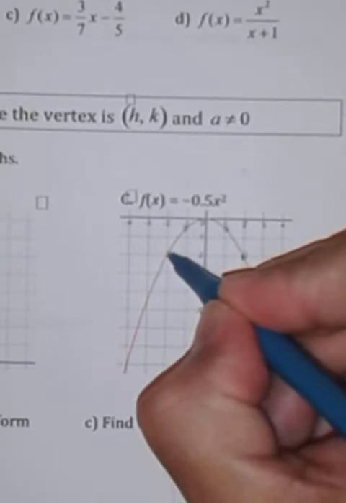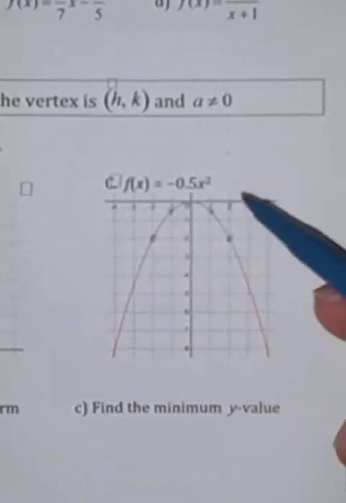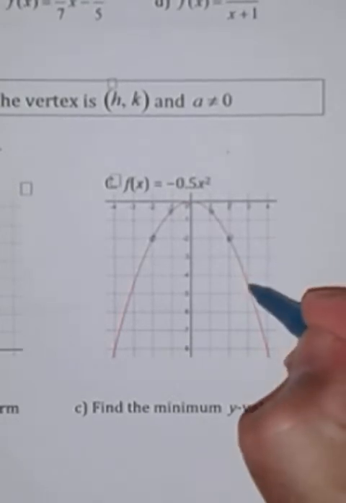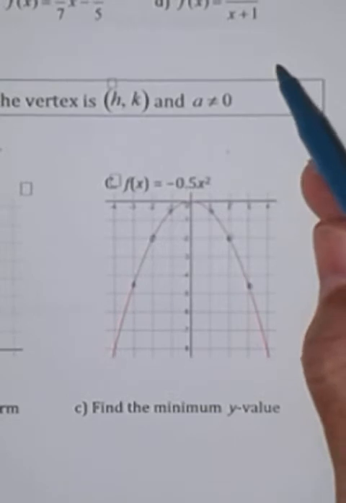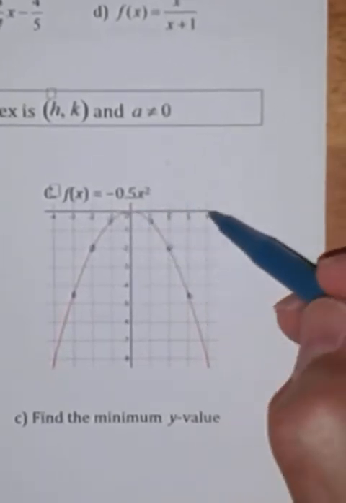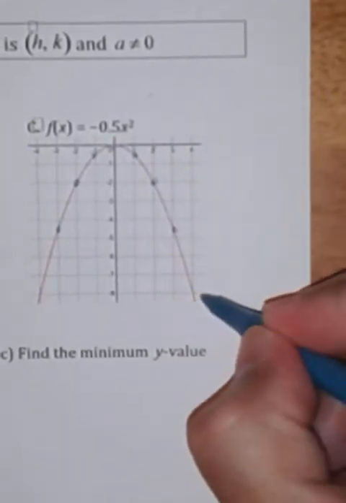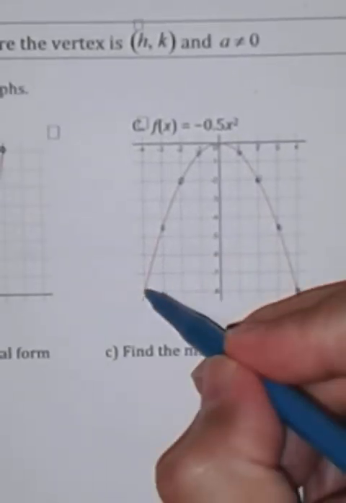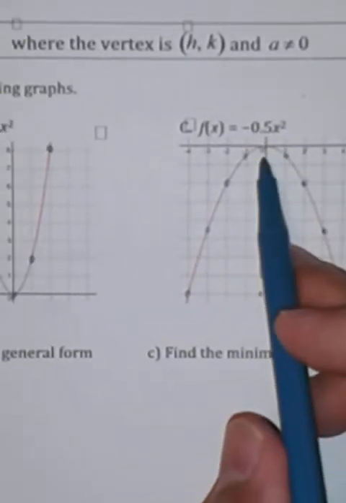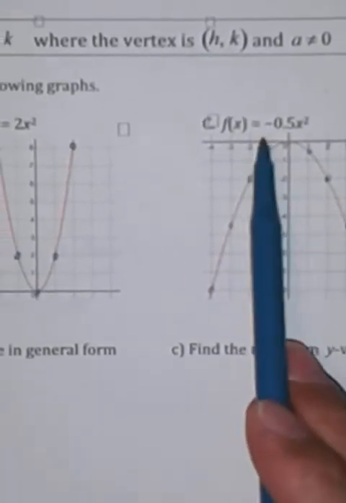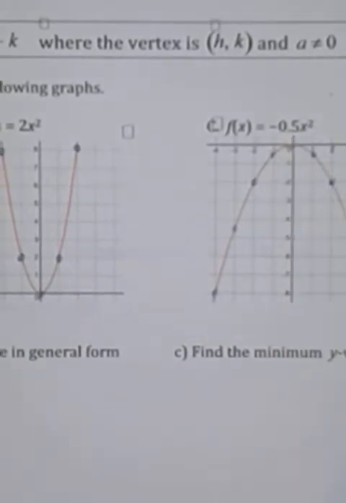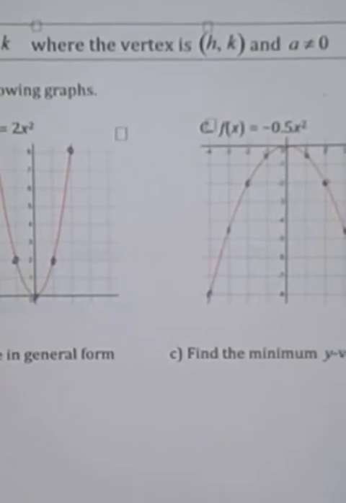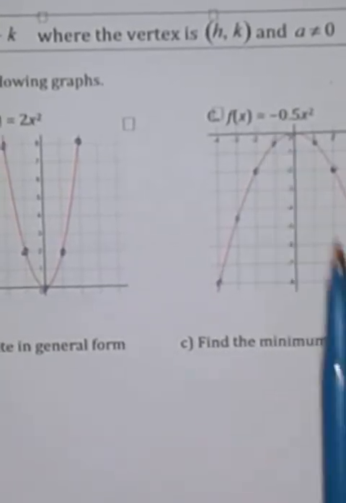So it's just turned upside down. And 3, 9 is going to go 3, -4.5. And 4, 16 is going to be instead 4, -8. And notice, yes, indeed, there are points right there. So the negative will flip it upside down, and then the magnitude of that will multiply your vertical moves by that same number.